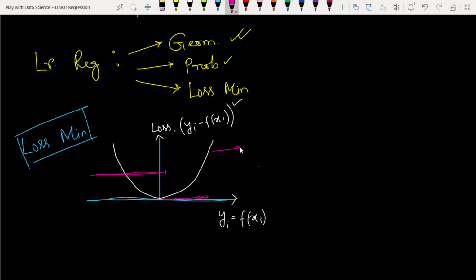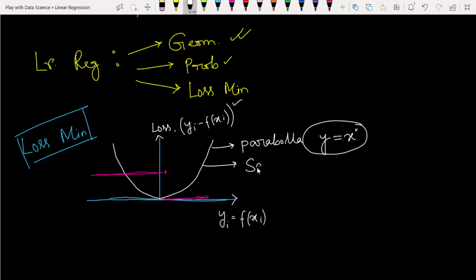This is a parabola, and we already learned that the equation of a parabola is like y equals a square. In another language, it is called square loss.